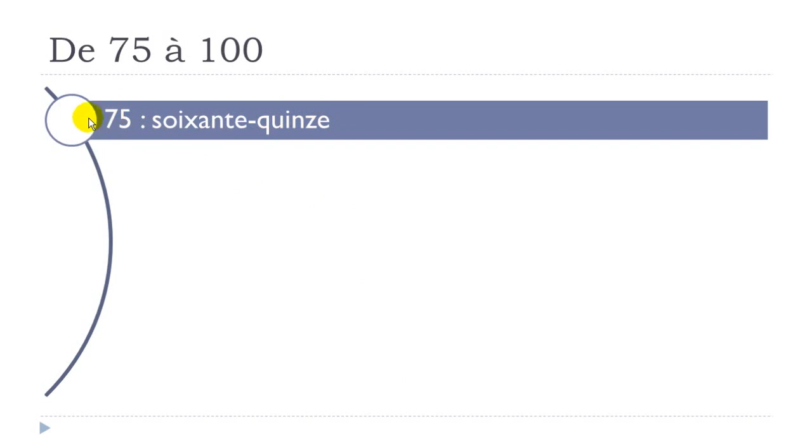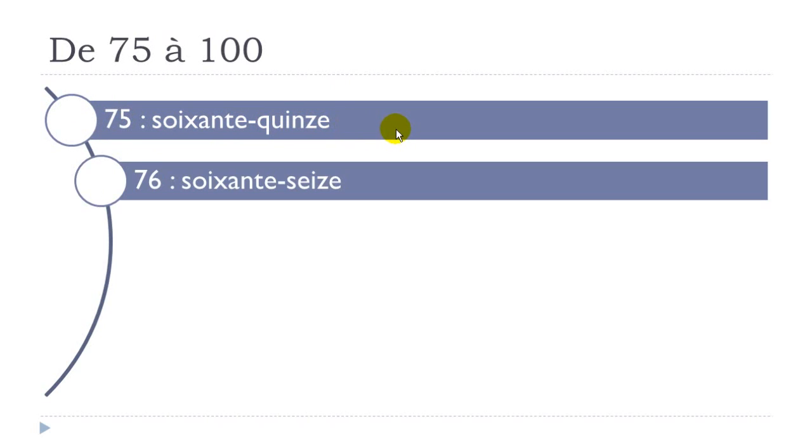So remember, from 70 to 79, it will work the same way: you put this 60 and then the numbers from 10 to 19 after. So 75, 60 and then 15. Next one, 76, so 60 and 16.